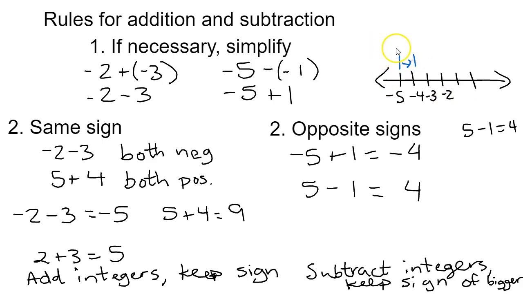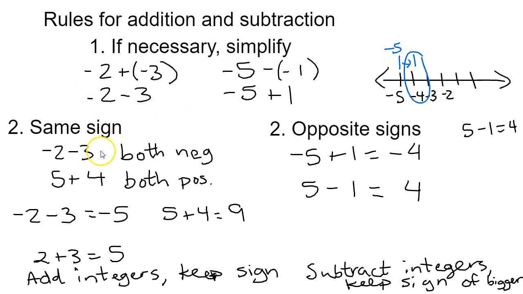It's a lot easier to see that starting at negative 5 and going right one space ends us at negative 4. It's sometimes easy to forget these rules, so that's why if you ever have an issue, you can always go back to the number line just to make it a little more clear and help you remember the correct way to add and subtract these integers.